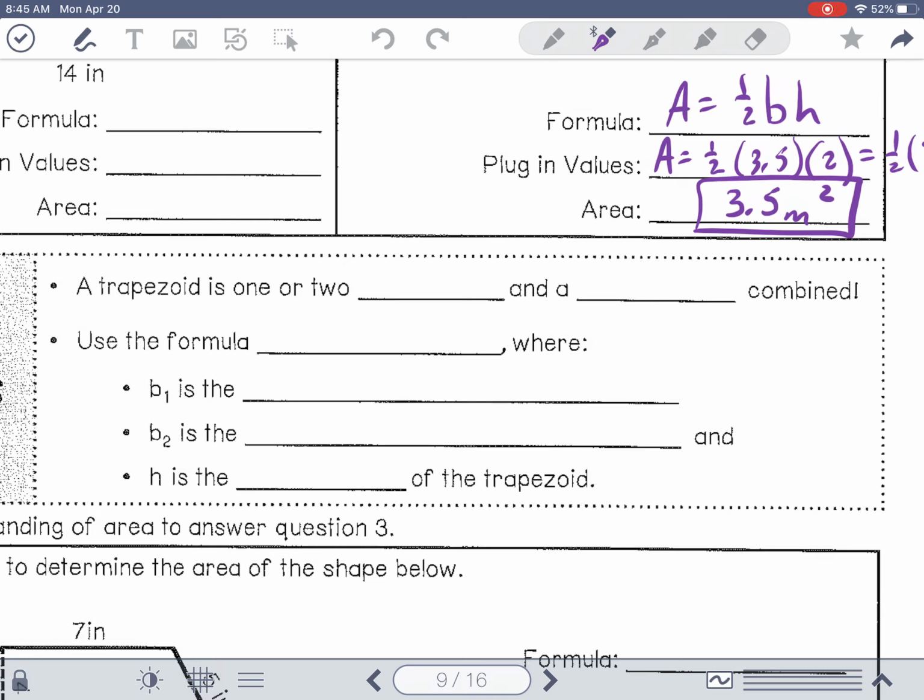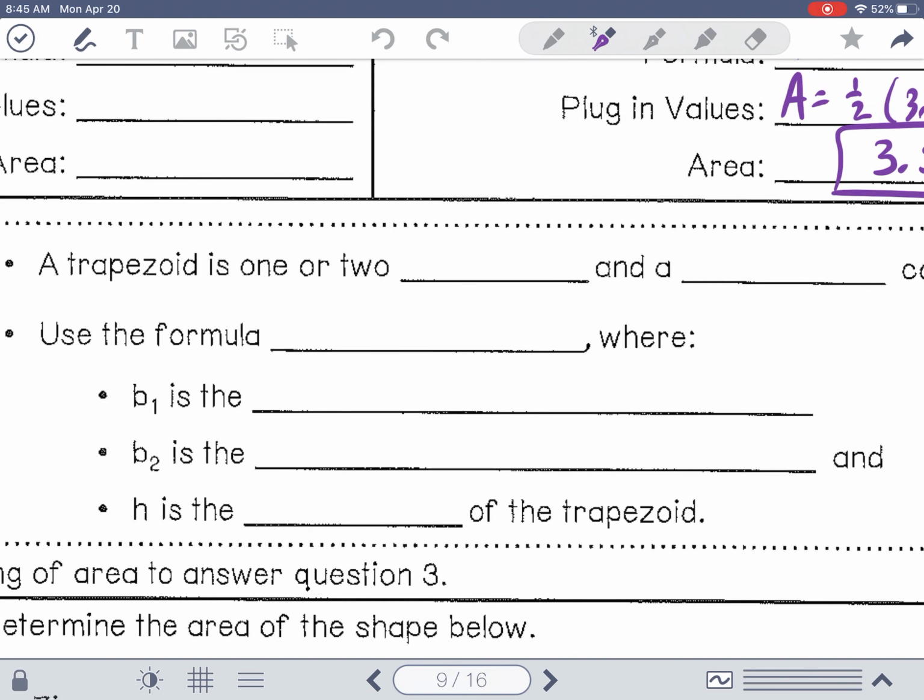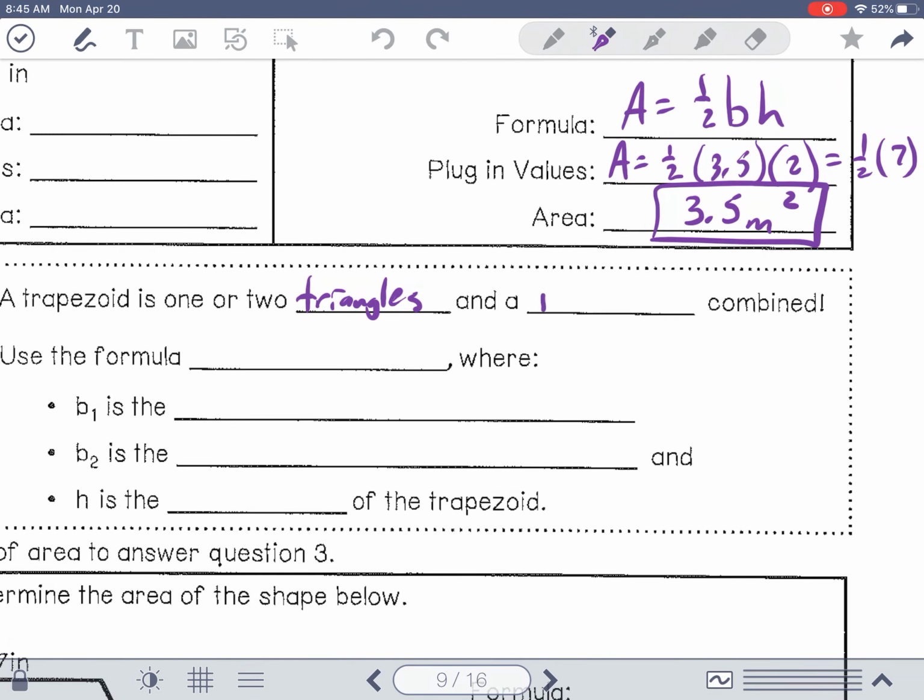A trapezoid is one or two triangles and a rectangle combined. We're going to use this formula.